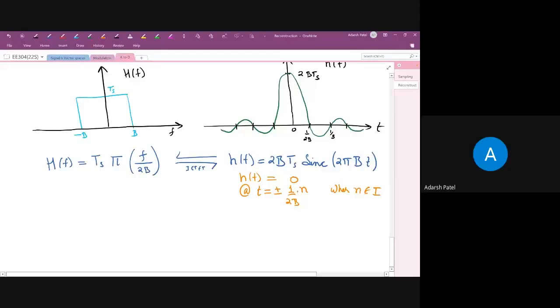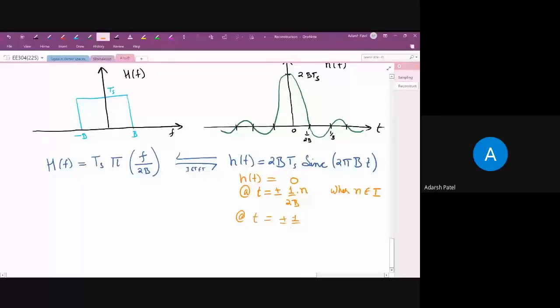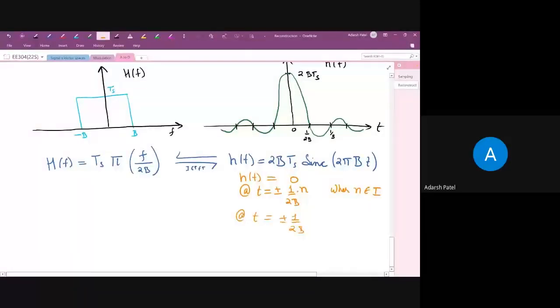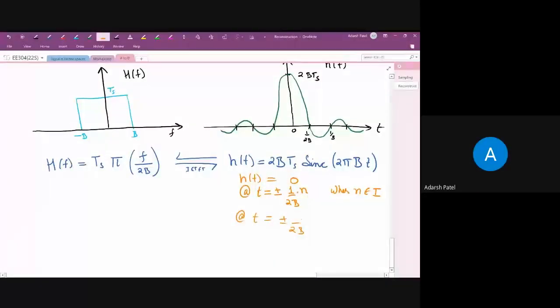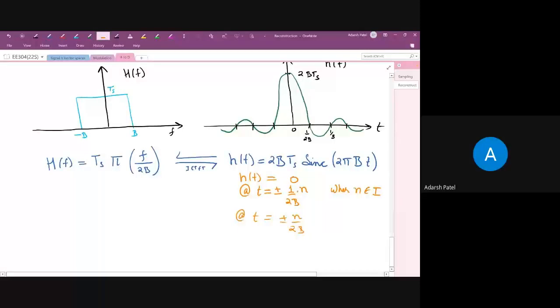And one more thing, if I see this at t equal to plus minus 1 upon 2b or n upon 2b, at these points, we know this thing also. We knew this Nyquist rate also.